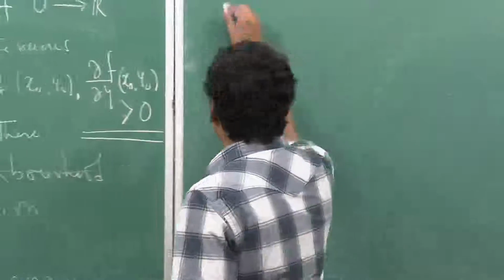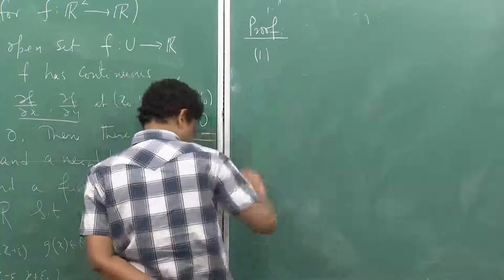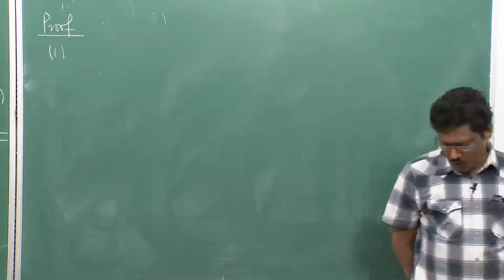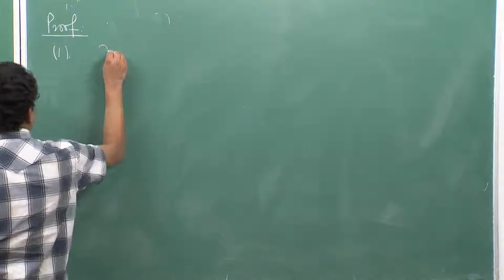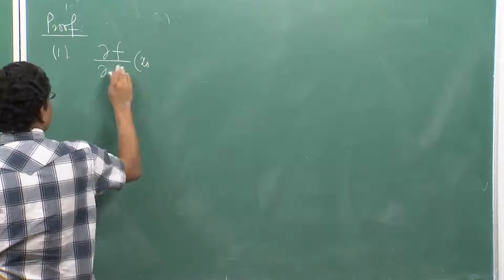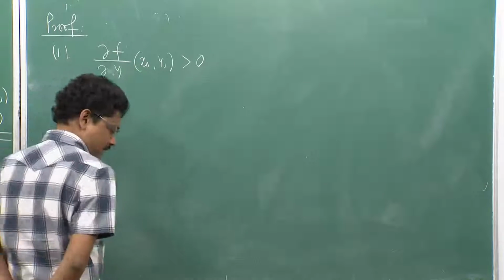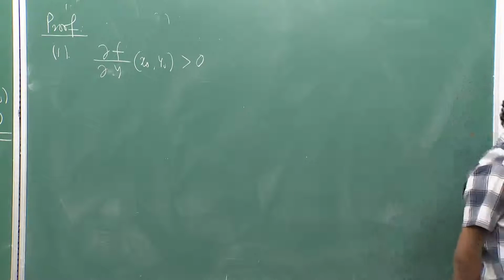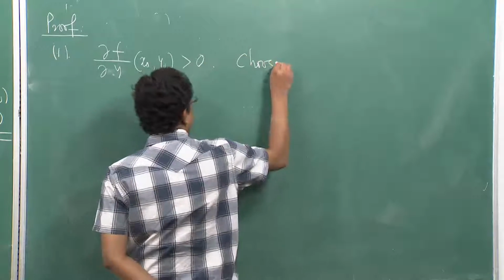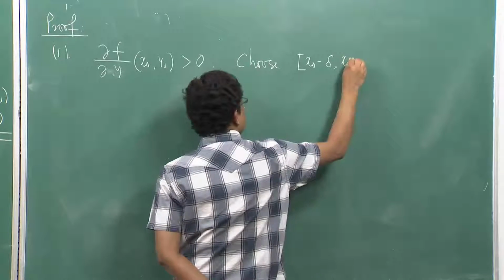So, let us write down the proof formally. What is step 1? I have del f del y at x naught y naught bigger than 0. So, I can choose an open interval first, and then inside that I can choose a closed interval.